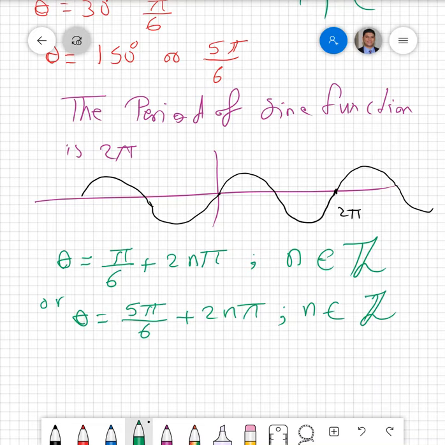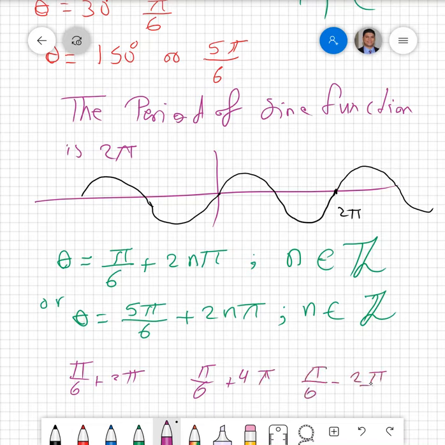So theta can be pi over 6 plus 2 pi, pi over 6 plus 4 pi, pi over 6 minus 2 pi, and so on.